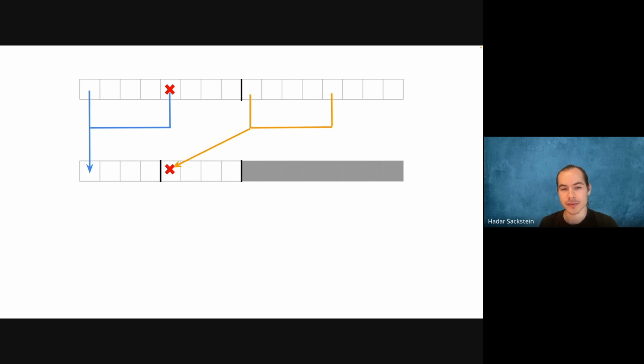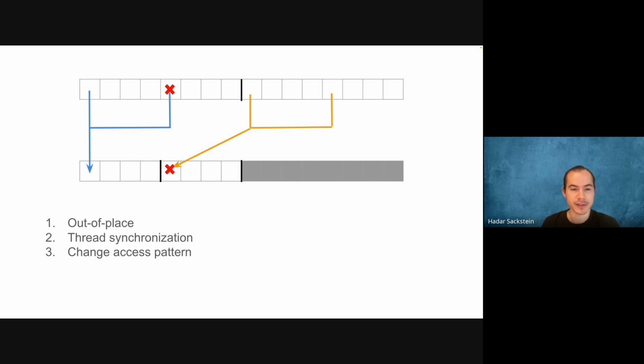So the solution needs to be one of three. Either you work out of place, meaning that the memory you write to is different from the memory you read from, and then it will be fine.